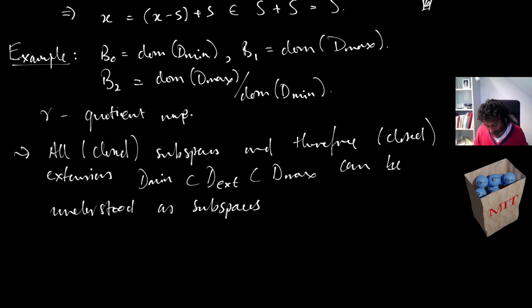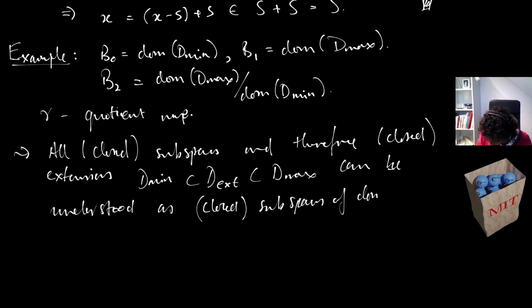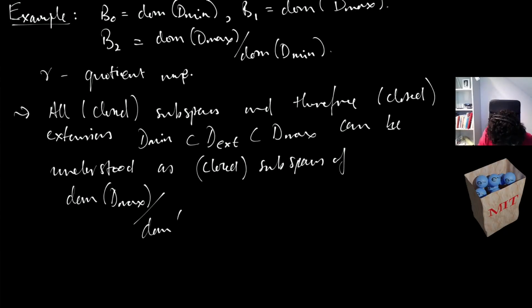So the point is that all closed subspaces sitting between dom dmin and dom dmax, or equivalently closed operators sitting between dmin and dmax, can be understood as possibly closed subspaces of dom dmax mod out dom dmin.